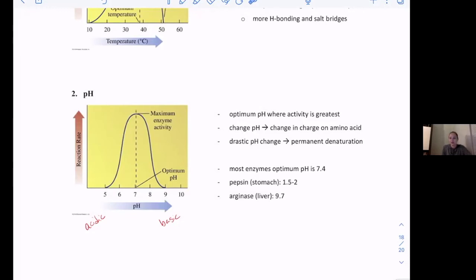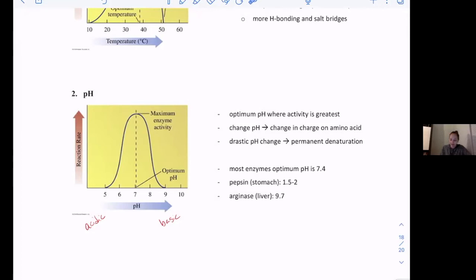When you change the pH, you change the charges on the amino acids. If you make it more acidic, maybe you're protonating a lot of different places on the amino acids on that protein, and so it can overall change the structure. If you change the pH a lot, you're going to disrupt those tertiary or even the secondary structure, making it so those H bonding interactions can't occur or the salt bridges can't occur or something like that.